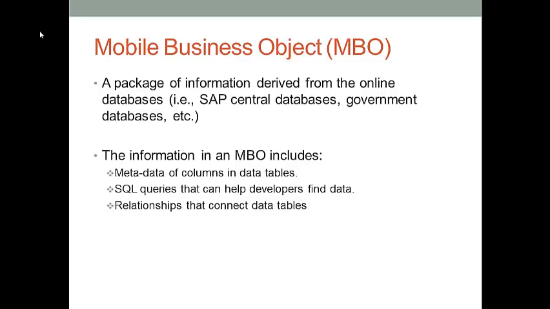What is the information included in an MBO? Three very important parts. The first one is the metadata that describes the columns of the data tables that we bring into the mobile application project. The column names, what is the data type of the values in each column, and so on and so forth.